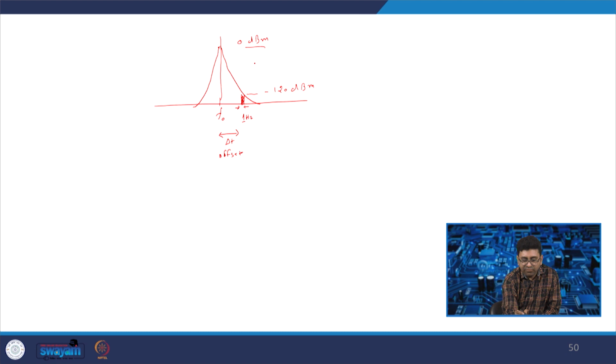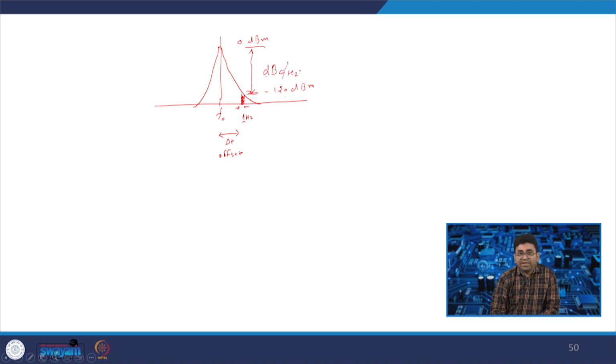This difference is called dBc, dB difference with respect to carrier. So, this is the actual carrier frequency f naught, and at that f naught you have a power of 0 dBm, and after delta f offset you have a power of minus 120 dBm. That difference is called dBc, and because you are considering it for 1 hertz of bandwidth, it is dBc per hertz.